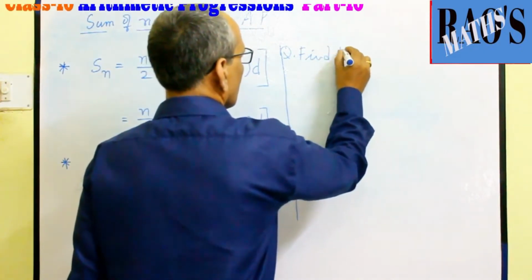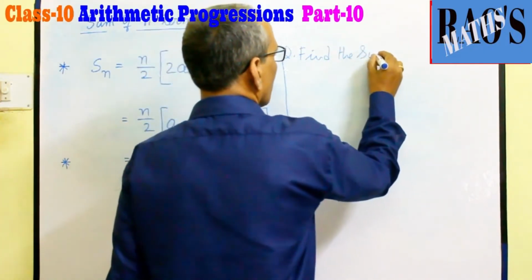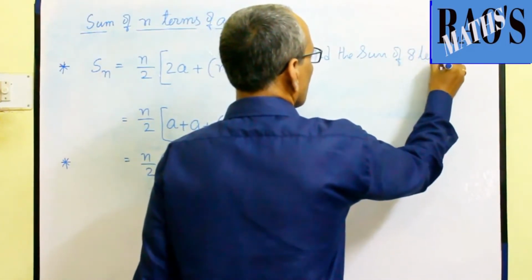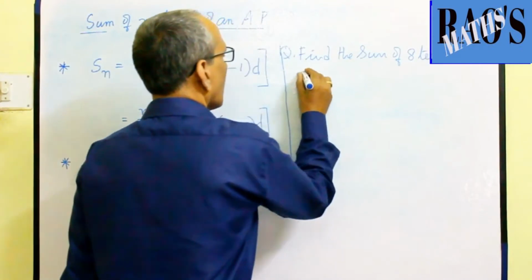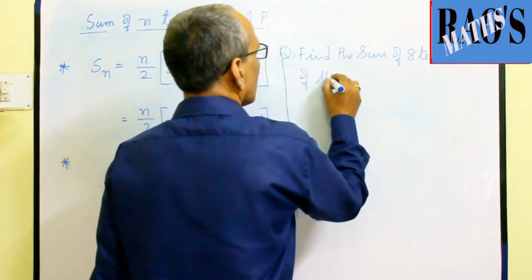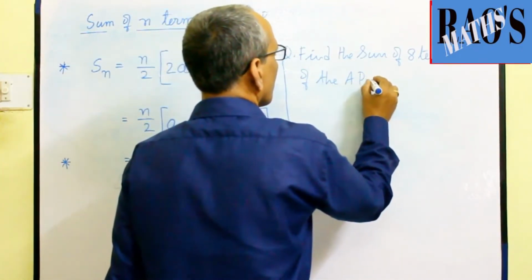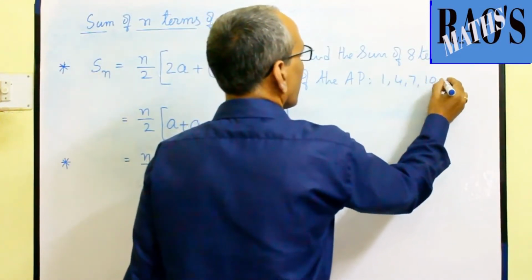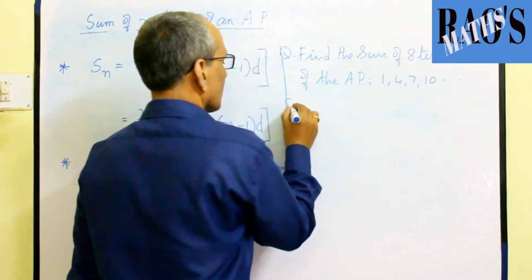See the first question. Find the sum of 8 terms of the AP 1, 4, 7, 10 and so on.